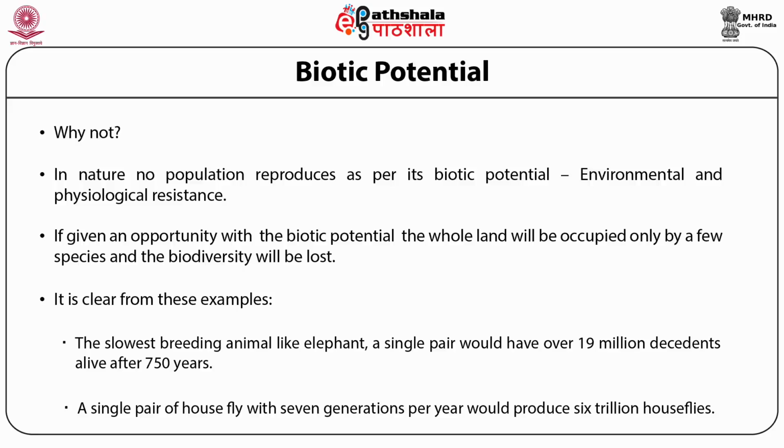And in case of oyster, which produces 55 to 114 million eggs, the rate at which the population will increase will be tremendous and the resource will become unlimited. Thus, if given an opportunity with the biotic potential, the whole land will be occupied only by a few species and the biodiversity will be lost from the biosphere.